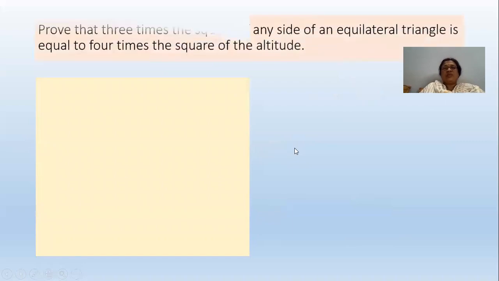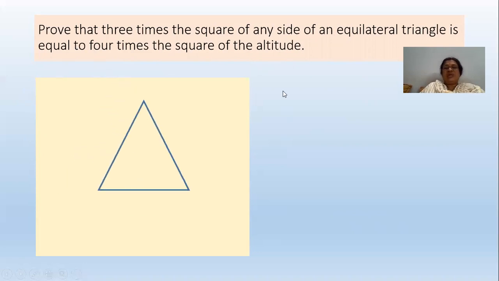One more problem. Prove that 3 times the square of any side of an equilateral triangle is equal to 4 times the square on the altitude. So when you take an equilateral triangle like this, the square on any side of the equilateral triangle.